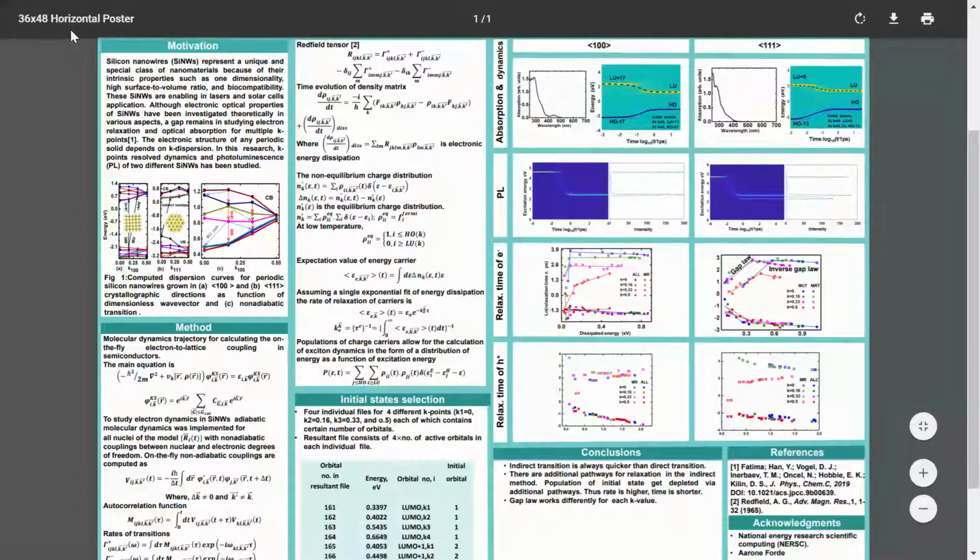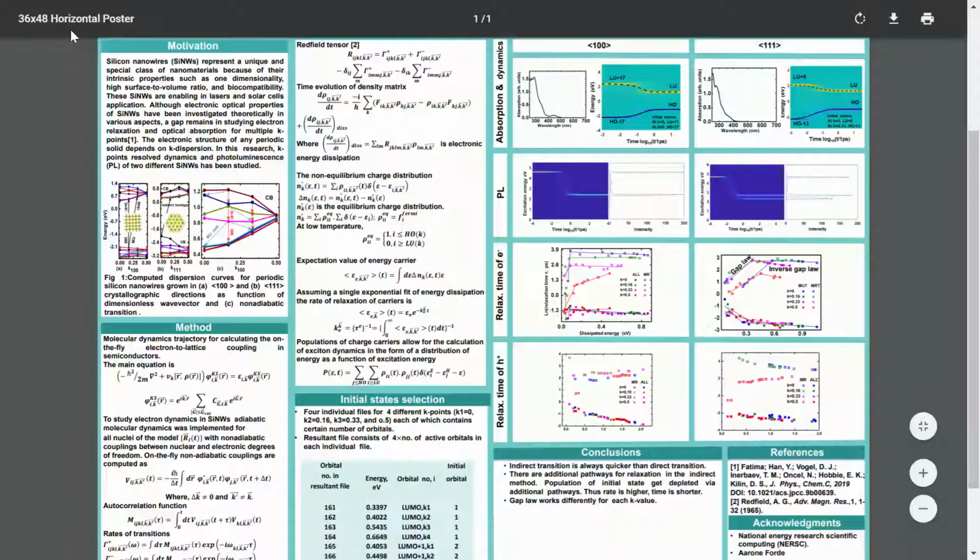Here I wanted to show how the states are arranged for calculating dynamics, relaxation rates, and photoluminescence.